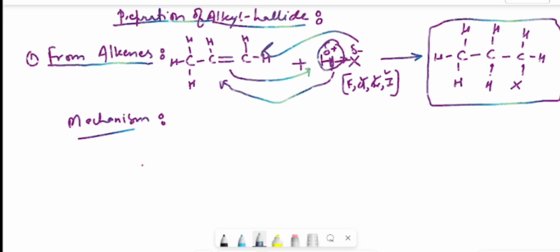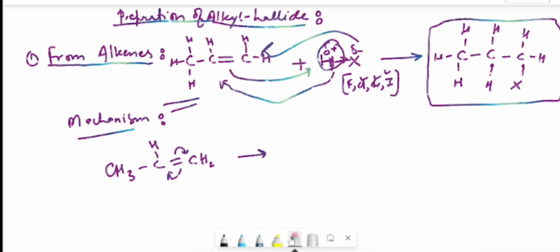We'll take the compound as we have taken earlier, that was CH3-CH=CH2, and here is the hydrogen. So what will happen? The double bond would shift. But from which side will the double bond shift? Will it shift from this carbon, or will it shift from this carbon?